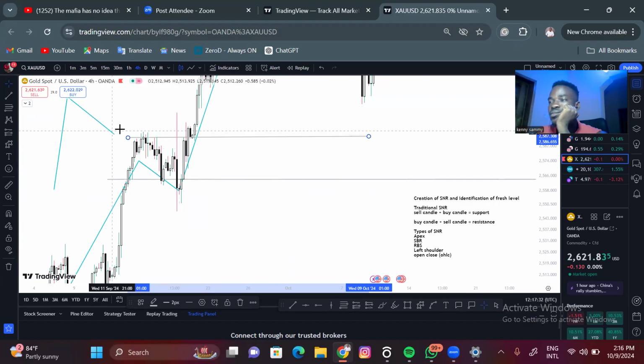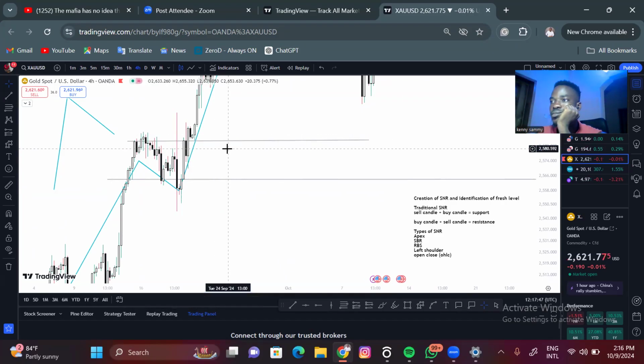That's our resistance here got broken through this buy, and then when the price was coming back down, it respected here, and we can see another RBS here just below it.